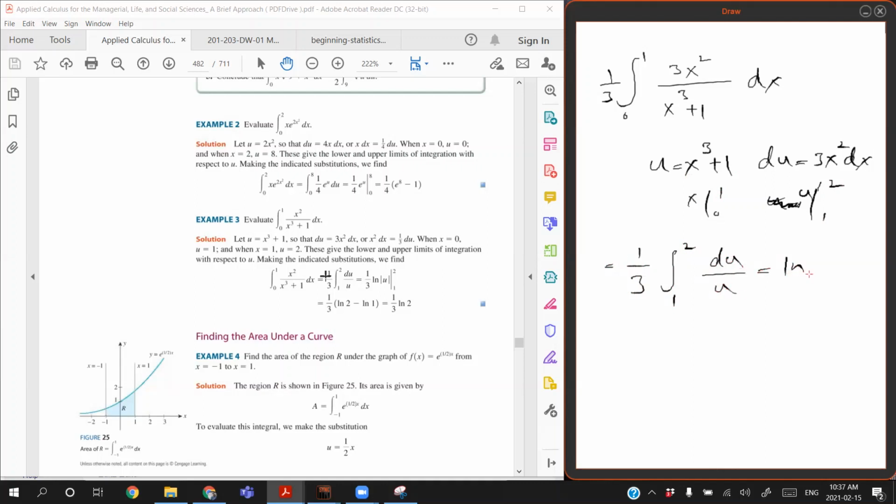So it's going to be 1 over 3 of ln of absolute value of u from 1 to 2. So it's going to be ln of 2 over 3 minus ln of 1 over 3. But this is just 0. So the answer is ln of 2 over 3.